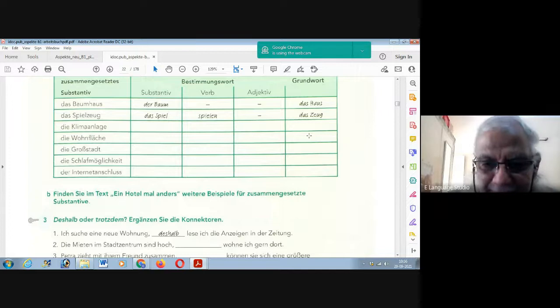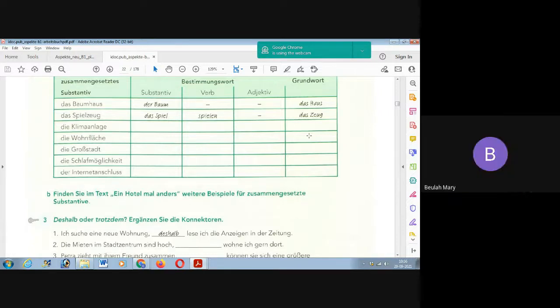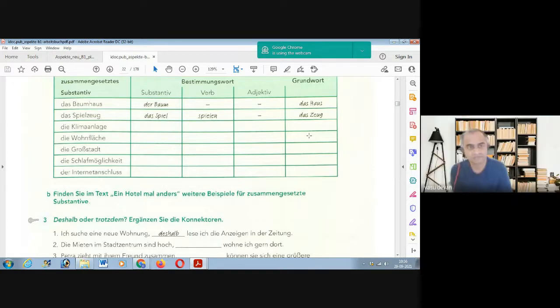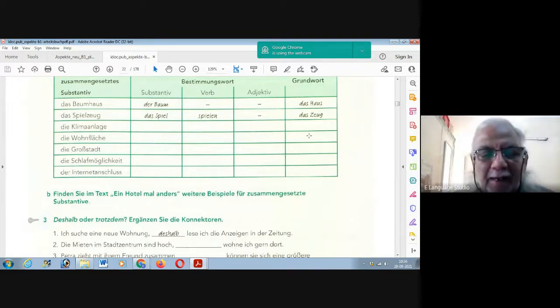We have an adjective here, groß. Und das Grundwort, die Stadt. There you are. Eine Stadt, die sehr groß ist. Das ist eine Großstadt. A city that is very big. Da kann man auch eine Kleinstadt haben. A Kleinstadt will be a town. A Großstadt will be a city.